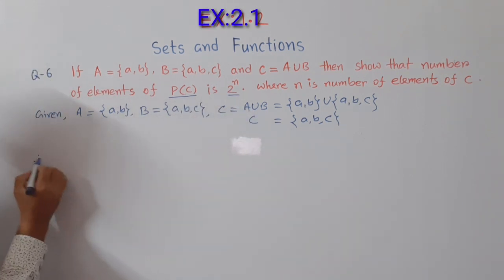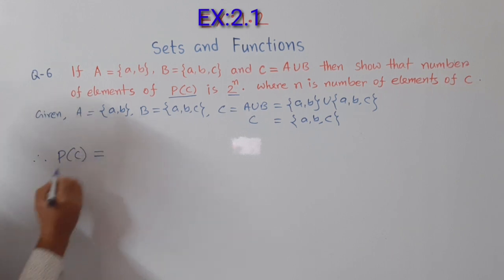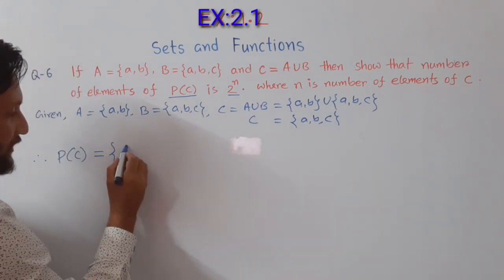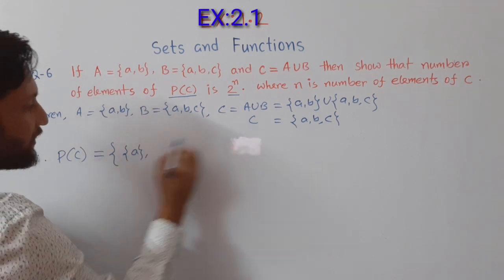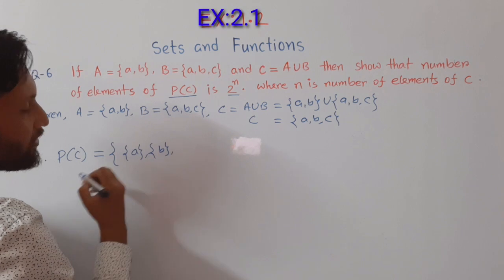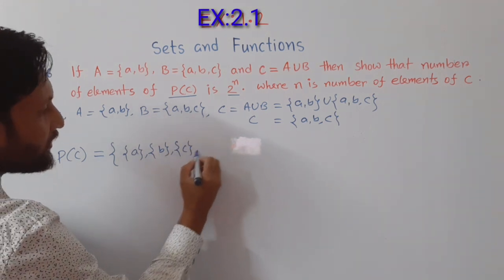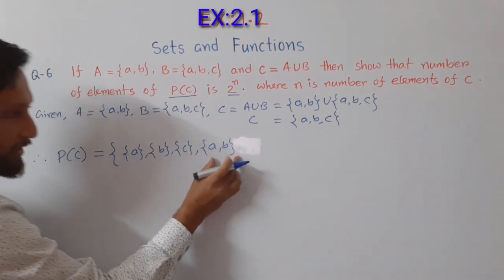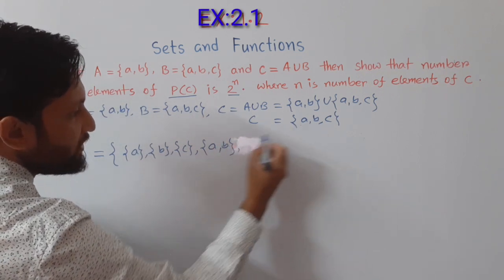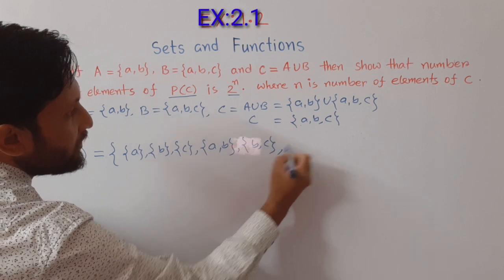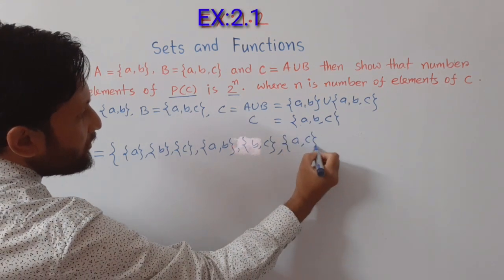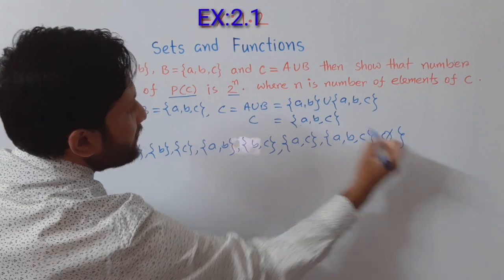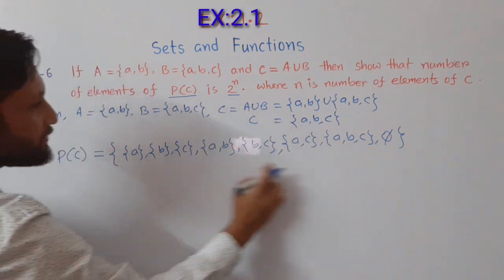The power set of C means we have to identify the subsets of C. At first write down all the single elements: {A}, {B}, and {C}, and then all pair elements: {A, B}, {B, C}, and {A, C}, and then all 3 elements {A, B, C}, and then at last the empty set. After closing the bracket, we can say that this is the power set of C.